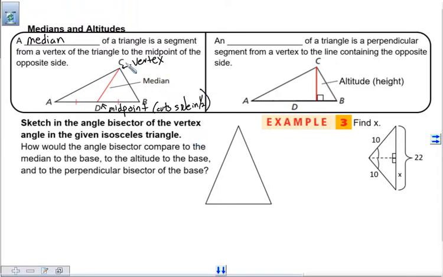So those two things have to happen for a median. Then you have an altitude. An altitude, again, has to go through the vertex, and it goes to your opposite side and makes a right angle.